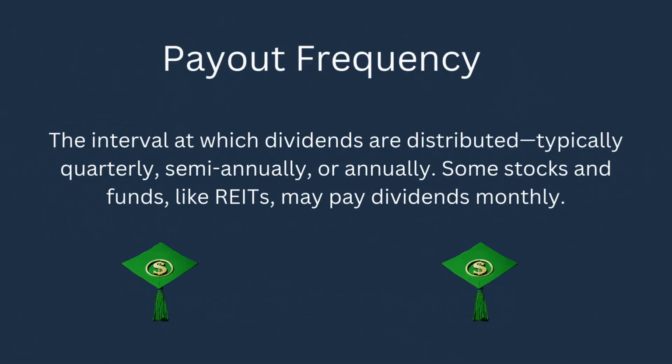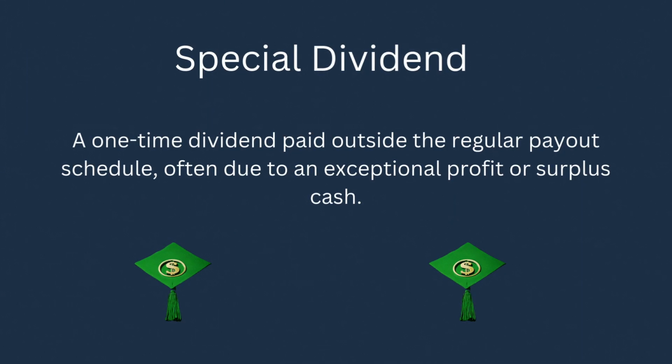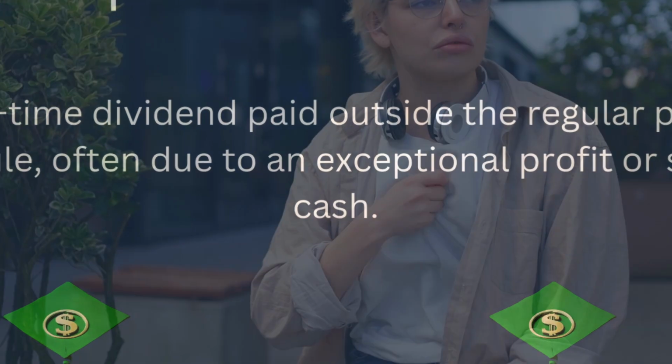Payout frequency is the interval at which dividends are distributed, typically quarterly, semi-annually, or annually. Some stocks and funds, like REITs, may pay dividends monthly. Special dividend is a one-time dividend paid outside the regular payout schedule, often due to an exceptional profit or surplus cash.